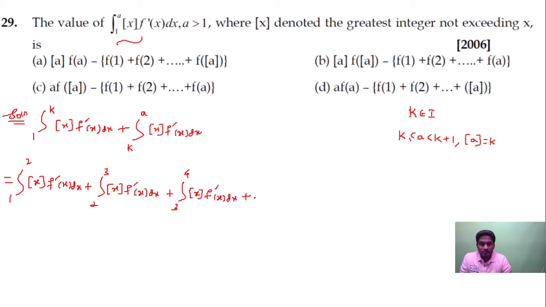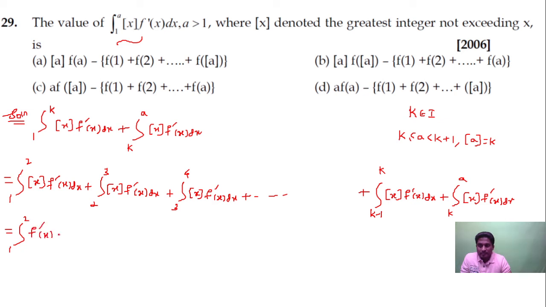This will continue, and the last term will be k minus 1 to k of floor x f dash of x dx, plus the integral k to a of floor x f dash of x dx, which I'll keep as it is. Now we will write all the floor values. Between 1 and 2, floor x is 1.